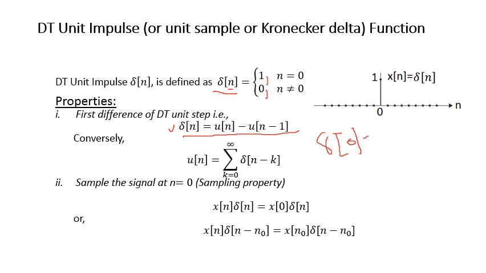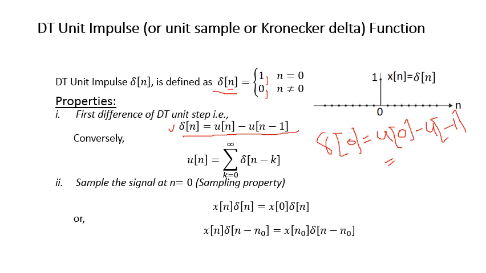So if I put here u of 0 minus u of, because I'm replacing n with 0, 0 minus 1, minus 1. So what should be its value?